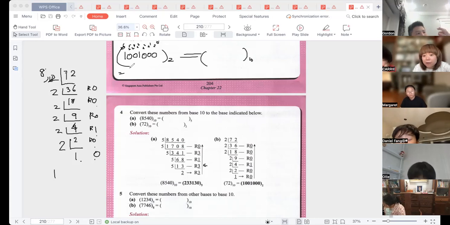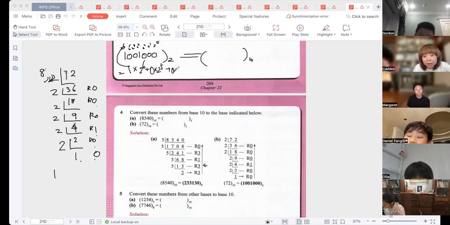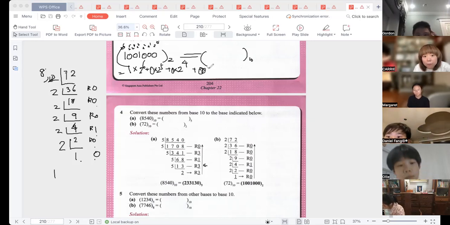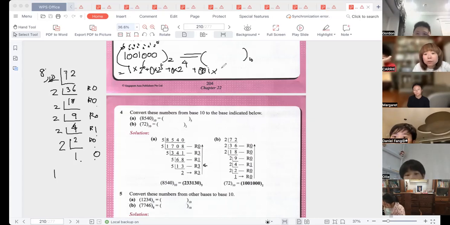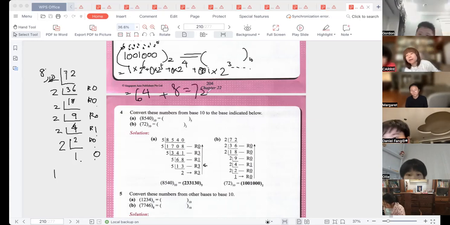So basically it's 1 times 2 power 6 plus 0 times 2 power 5 plus 0 times 2 power 4 and plus 1 times 2 power 3 and 后面都是零，我们就不算了，对不对？那2的6次方等于多少？64 and 2的3次方等于多少？等于8。So that's what you can see, transfer back.